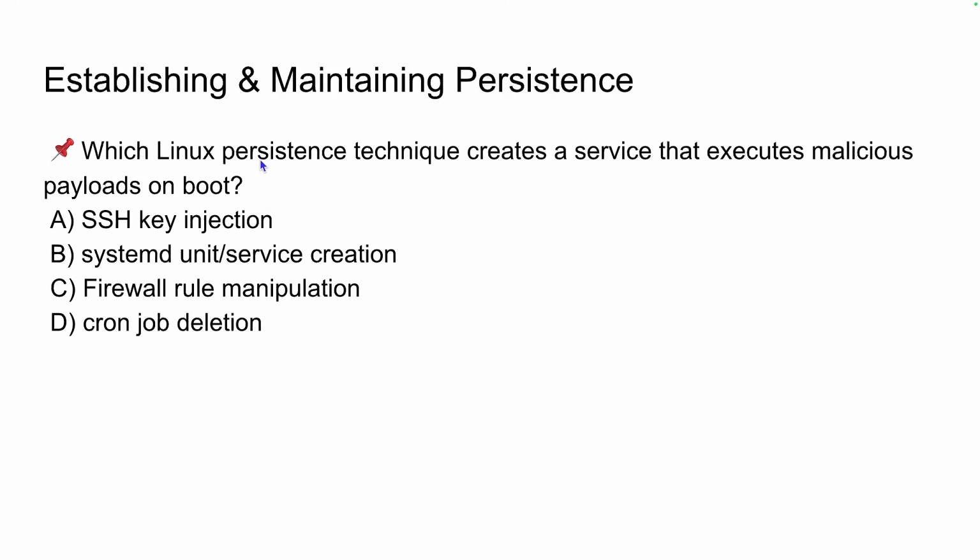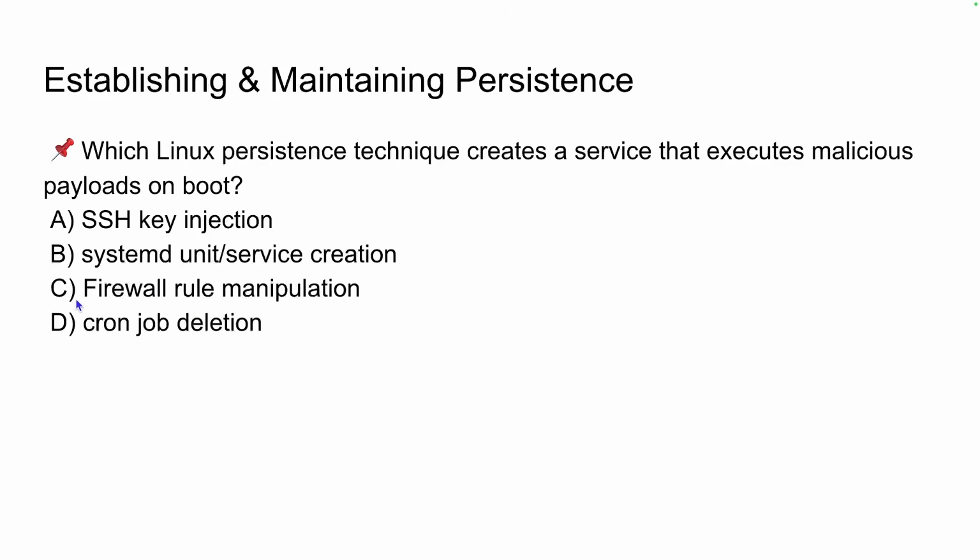Yes. Which Linux persistence technique creates a service that executes malicious payloads on boot? So SSH key injection is not it. This is more for remote connections using somebody's SSH key instead of their password. Systemd unit service creation. This is a persistence technique that creates a service.